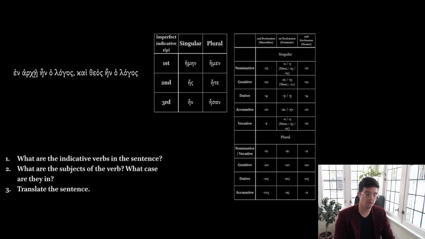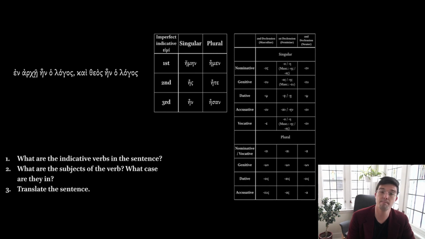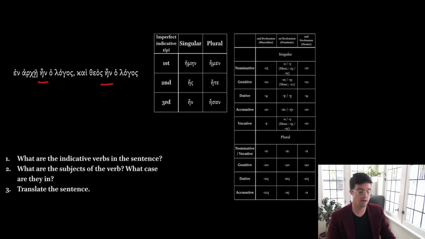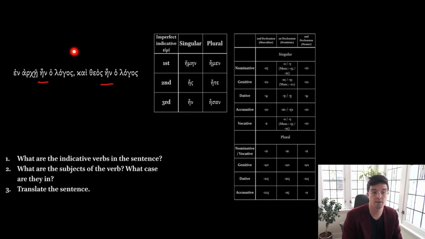And so to give us some answers to these things here, our main indicative verbs in the sentence are going to be the same verb repeated 2 times, once in each clause. And remember, when you have 2 verbs in different clauses, you can sort of divide out the different clauses, usually based on a punctuation mark. So here we have a comma or a half stop, so we can take these group by group.